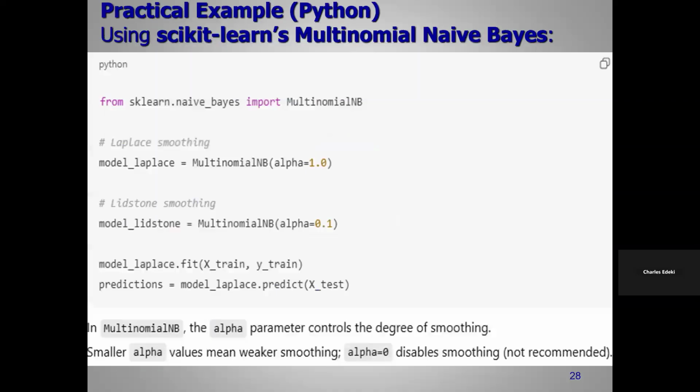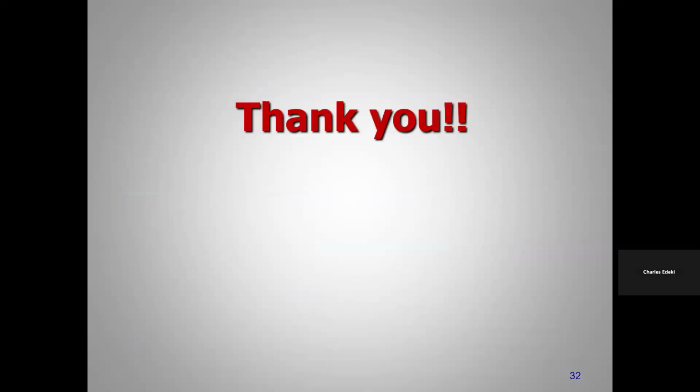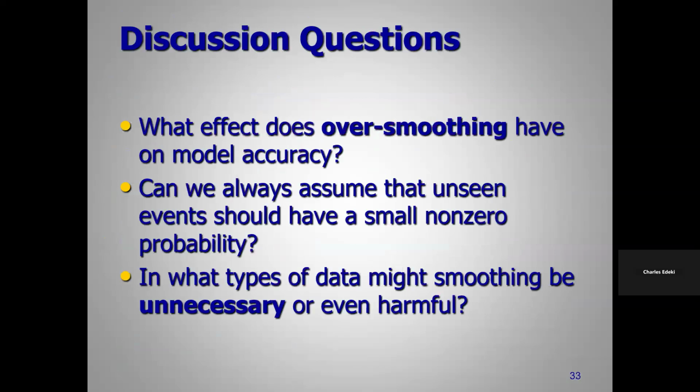Before we finish, let's go down. This is the end of it. I think I have a class discussion, but let's skip it. Normally, in the classroom, they ask: what effect does over-smoothing have on model accuracy? Can we always assume that an unseen event should have a small non-zero probability? Sometimes. In what types of data might smoothing be unnecessary or even harmful?